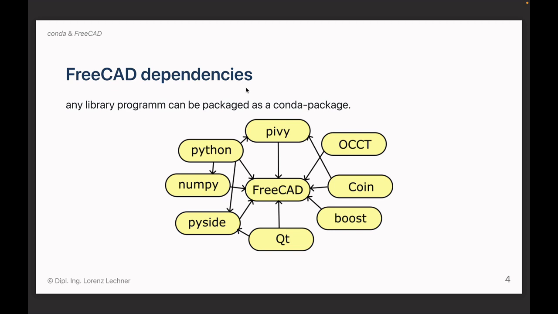NumPy, which is a numeric library for Python. Then Python, the programming language itself. Pivy is the Python binding to Coin. And yeah, there are more, but you see these packages. FreeCAD needs these packages to work correctly. And all these dependencies also have dependencies too. So if you show the full graph, it will be much more complex.